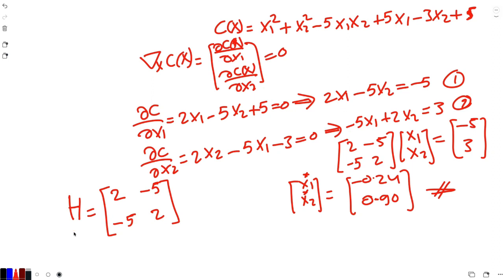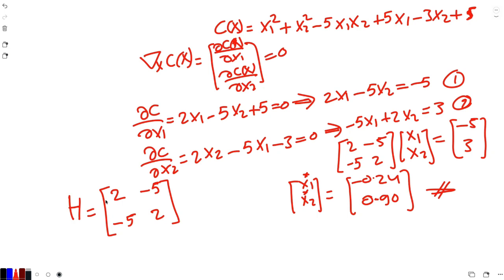Is this matrix positive definite or not? I mean, are the eigenvalues of this matrix strictly positive? It means that these points will be a minimum on this surface. If it is negative, then it is a maximum. If it is mixed between positive and negative, or there are zeros, then it will be an inflection point.